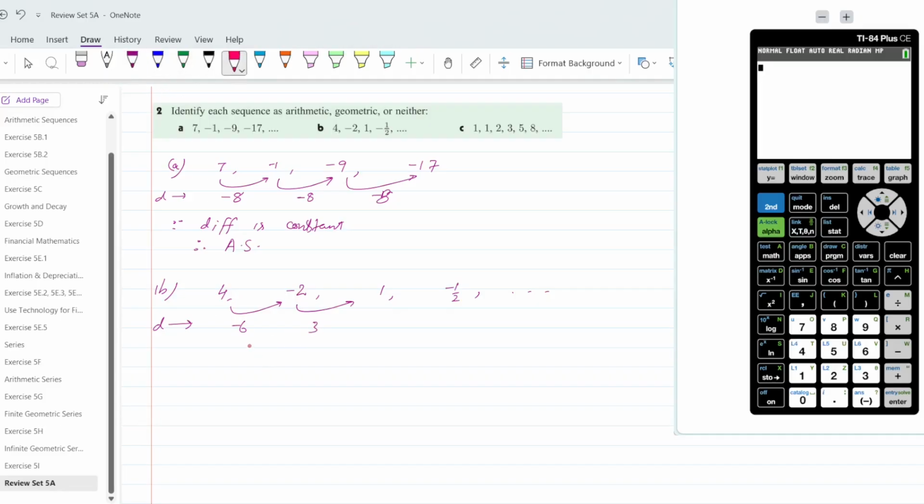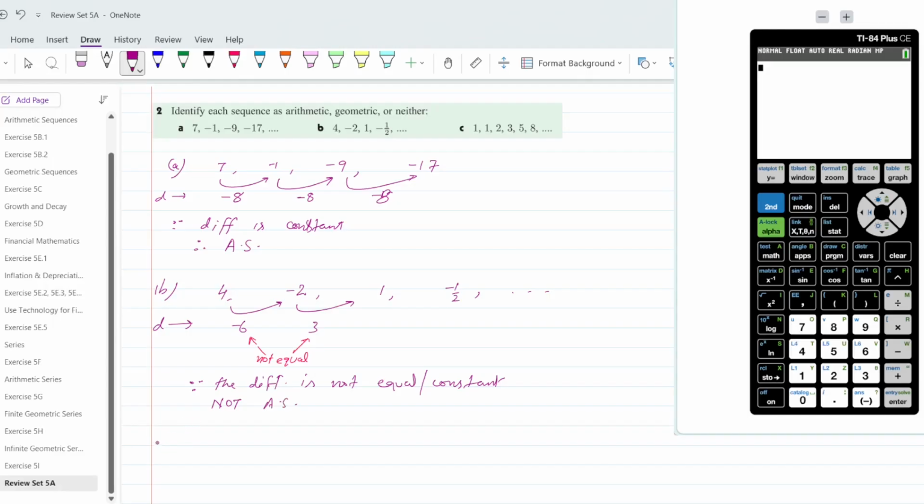Since this difference is not equal to the other difference, hence since the difference is not equal or constant, we can say not an arithmetic sequence.